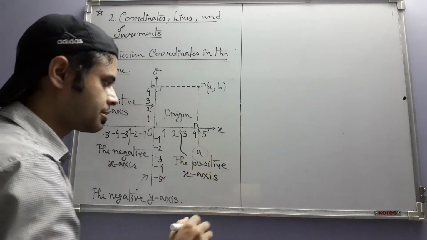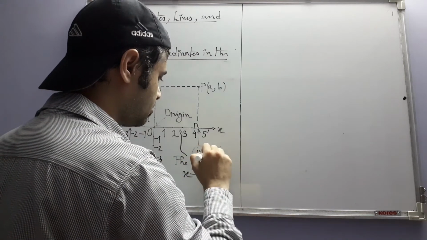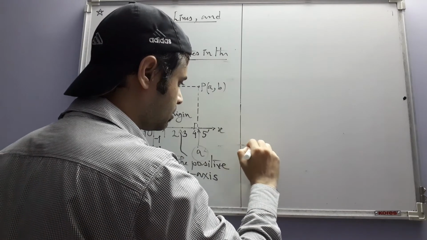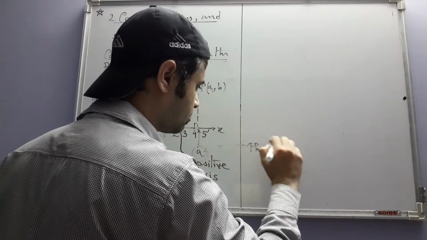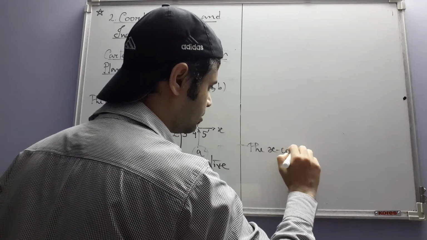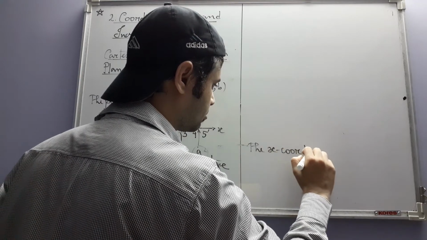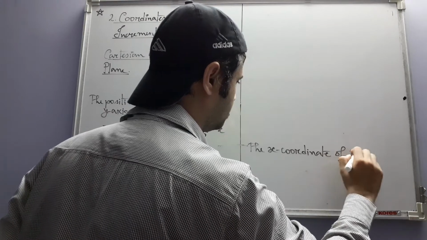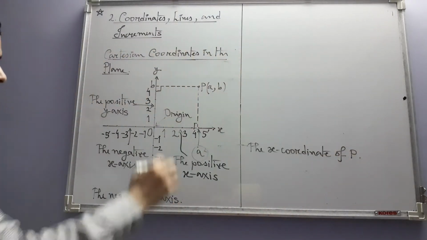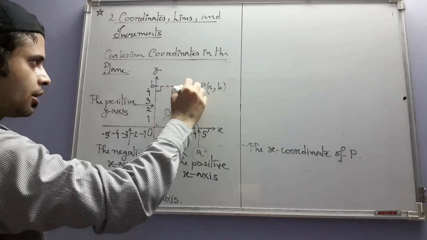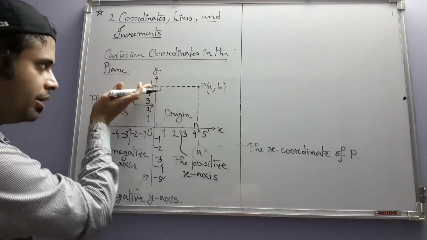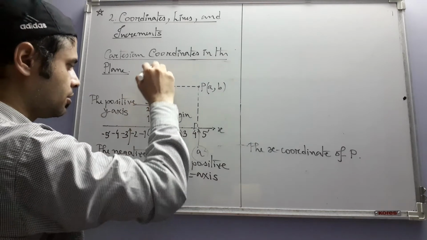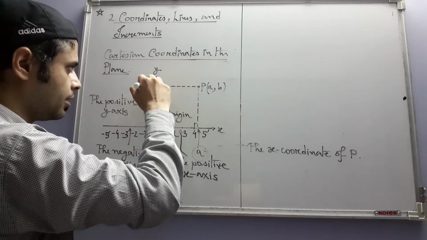That is known as the x coordinate of the point P, and the point where the horizontal perpendicular meets the y-axis, that also represents a real number b on the vertical real line.